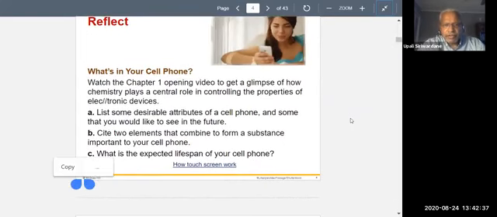If you watch the video, you get an idea of how the properties of certain materials control the properties of electronic devices.